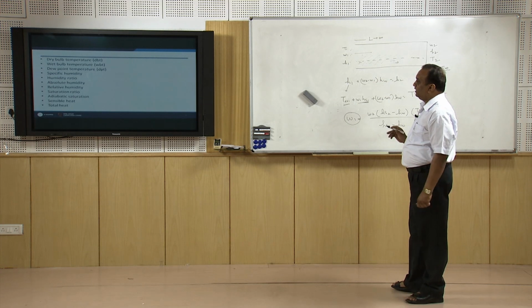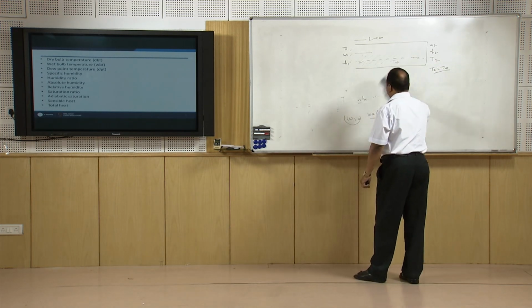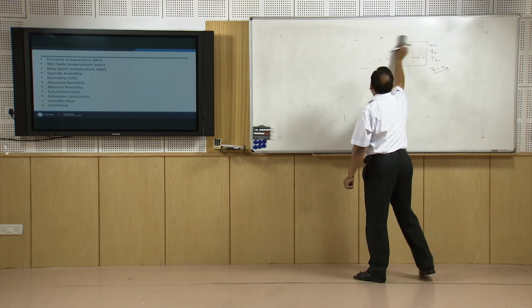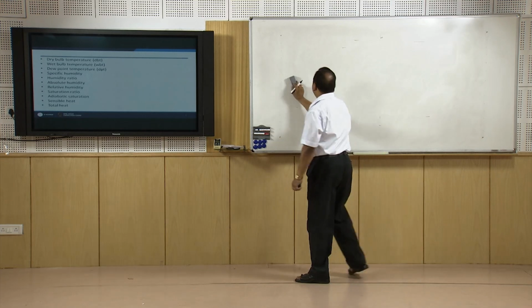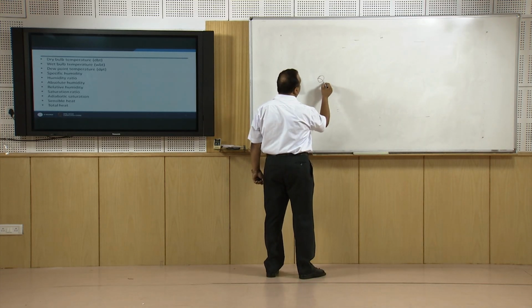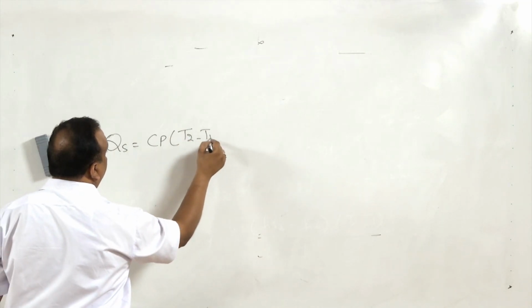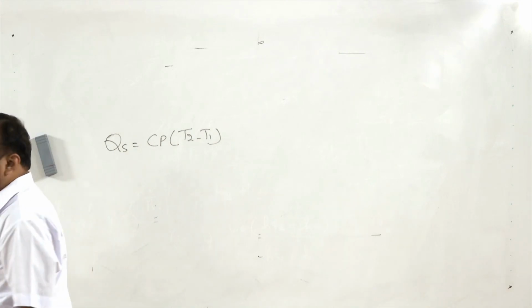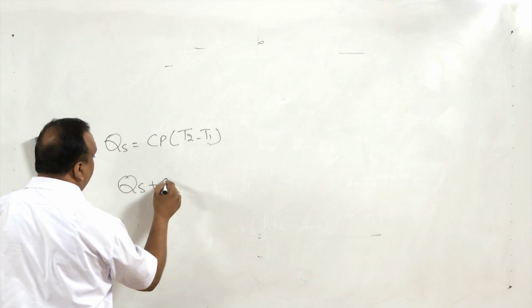Now, sensible heat of air. Sensible heat is the heat added when there is a change in temperature and there is no change in phase. Both conditions should be fulfilled. So sensible heat is always Cp times T2 minus T1, and total heat is equal to the sensible heat plus the latent heat of air.